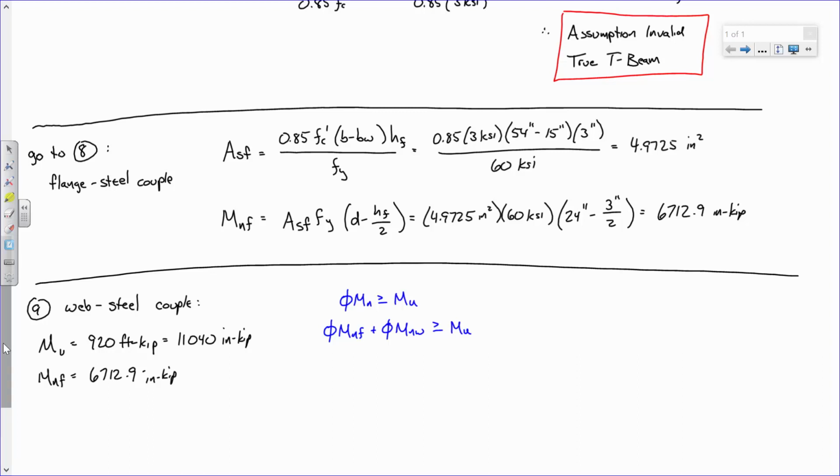So what don't I know? Well, I know I'm assuming phi is 0.9. I know this, and I know this, so I need to solve for that. So what do I do? Subtract, divide by phi, right? And that's what I'm doing. So MNW is MU minus phi MNF over phi. Yes?